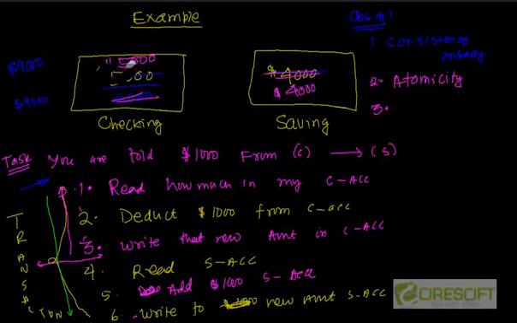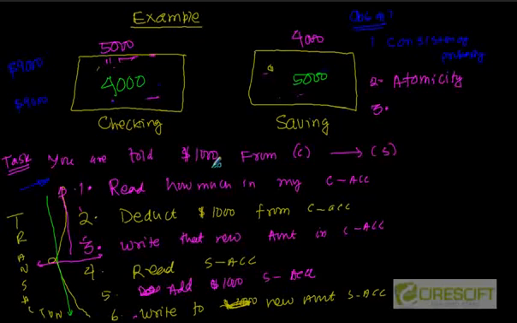When you say that, this is how it should look. The initial amount is 5000 here and 4000 here, so when you complete these 6 steps, this will be 4000 here and this will be 5000 here.